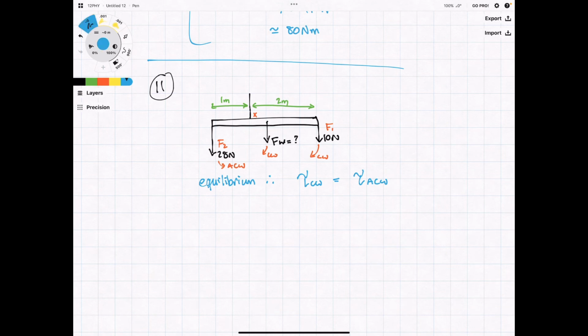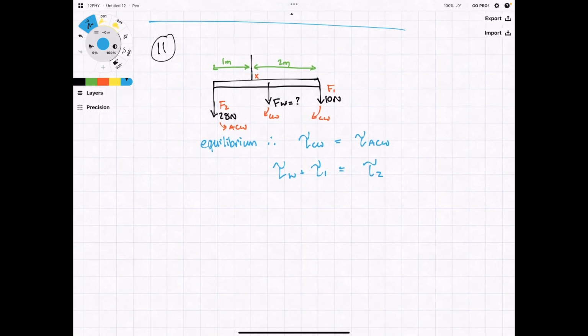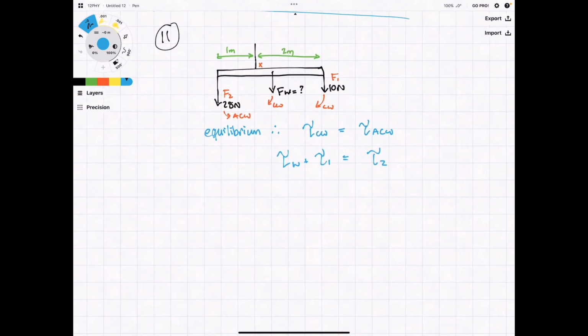In the clockwise direction, we have torque due to the weight force, and we have torque due to force 1. And in the anti-clockwise direction, we have torque due to force 2. Okay, same pattern, expanded out. Force weight, distance weight, plus force 1, distance 1 equals force 2, distance 2.